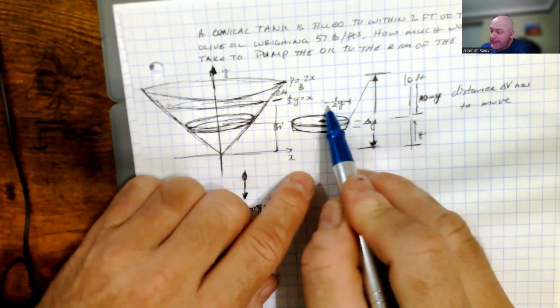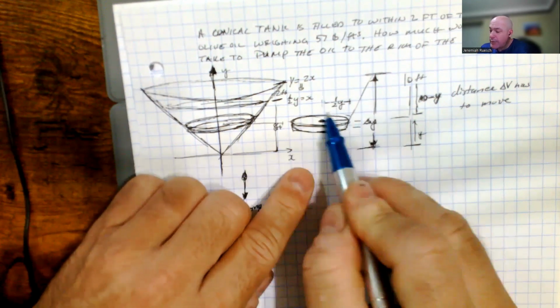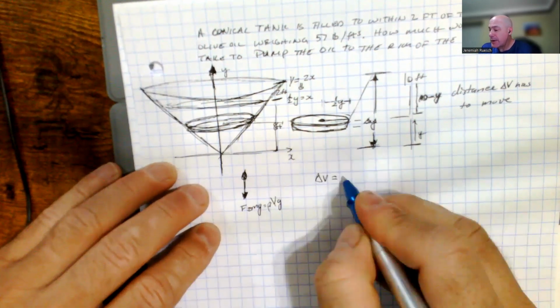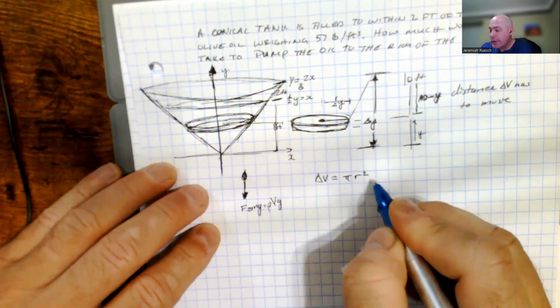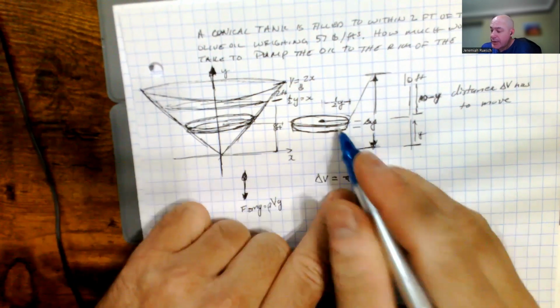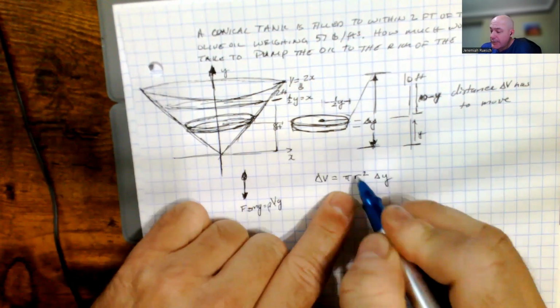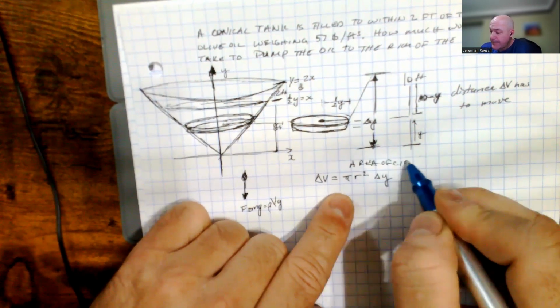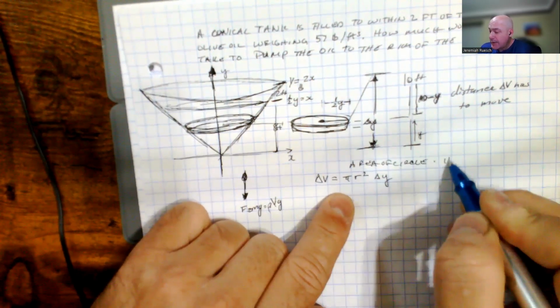Okay, so the area then is really what we're going to be looking for. So this volume delta V is going to be pi r squared. Okay, so that's going to be the area, the area of a circle, times the height, which is delta y.